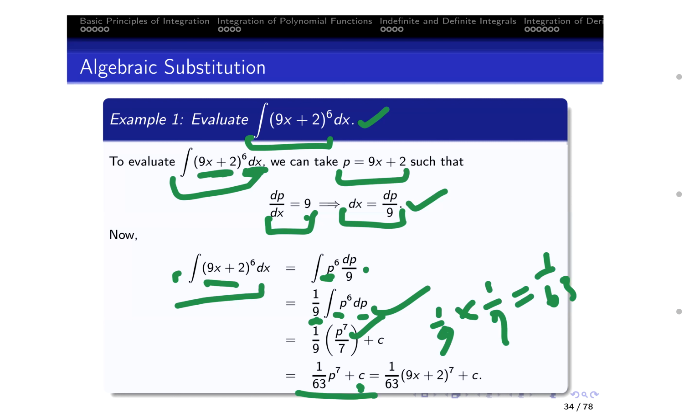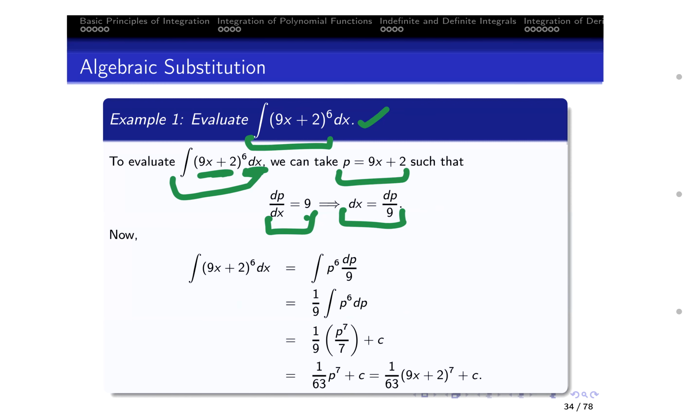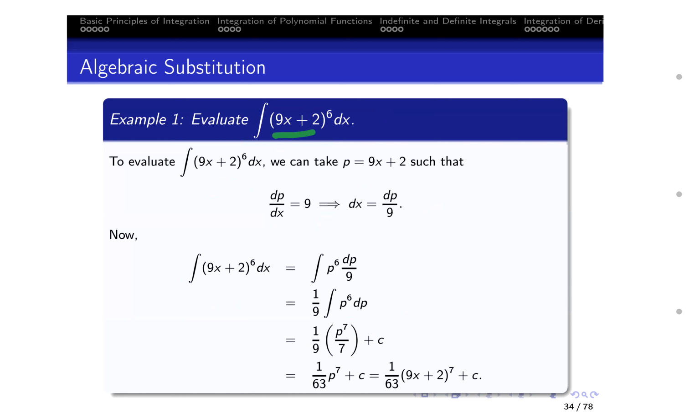So you have 1 over 63 times (9x + 2), which you started with originally, raised to power 7 plus c, and that becomes the result. So this is integration by algebraic substitution. You replace the whole expression with an alphabet, and that is an algebraic idea. So to evaluate this, this is what you end up getting.